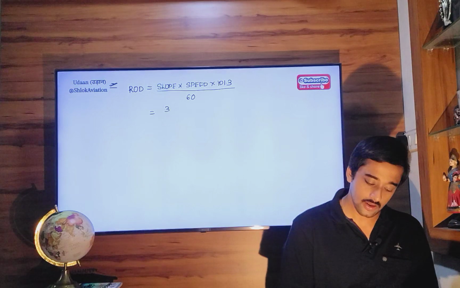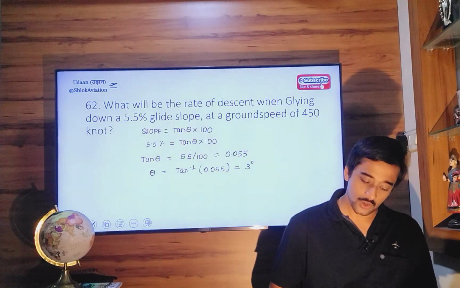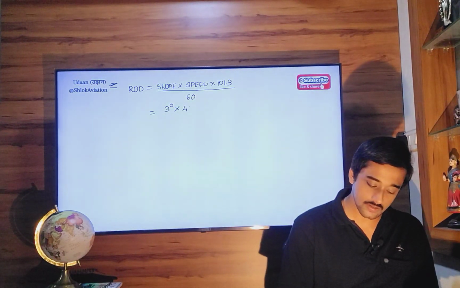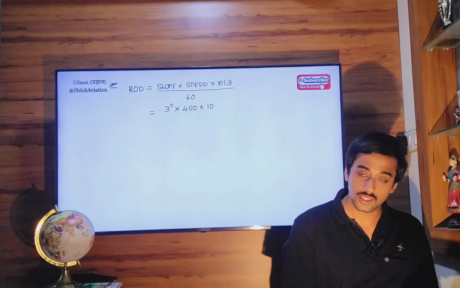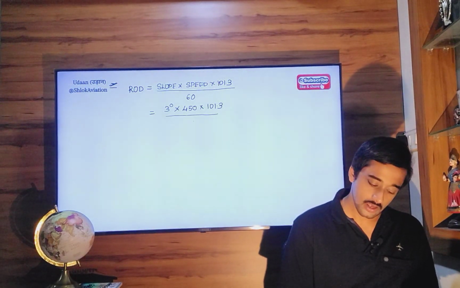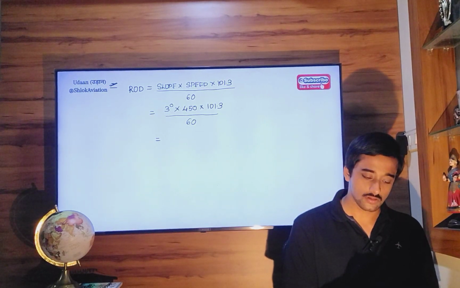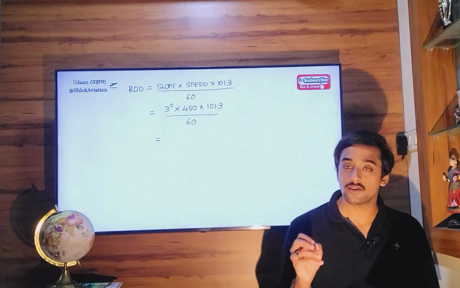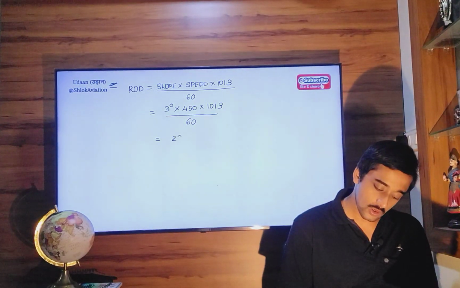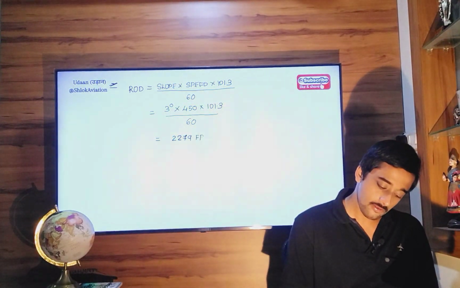So 3 degree into a ground speed of 450 knots into 101.3 divided by 60. That is equal to 2279 feet per minute.